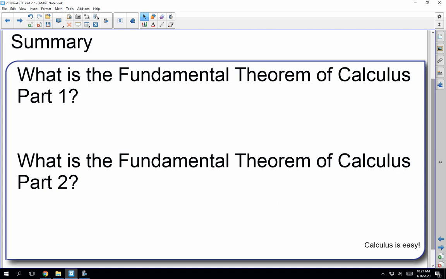So in words, it's saying that the derivative and the integral really are inverses of each other. When we define a function with an integral in it, like we would define a function with a square root symbol in it, if you take the derivative of that, it's just the integrand evaluated at the upper limit. Those are the two parts. Calculus is easy.